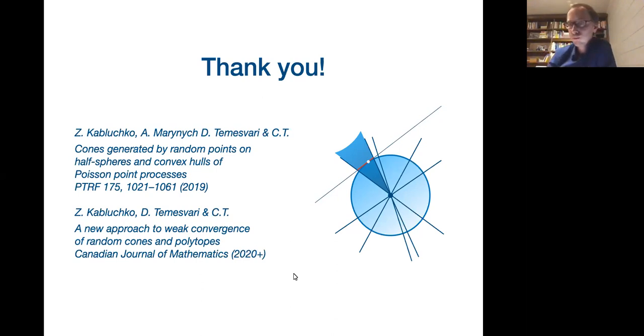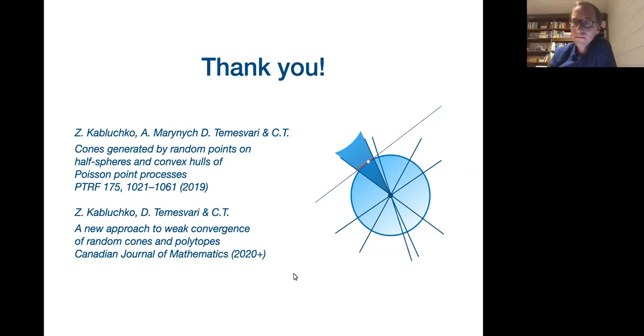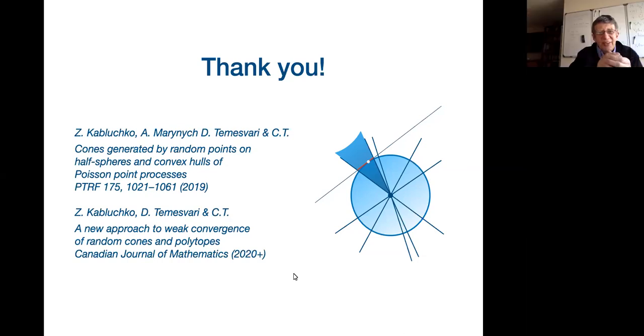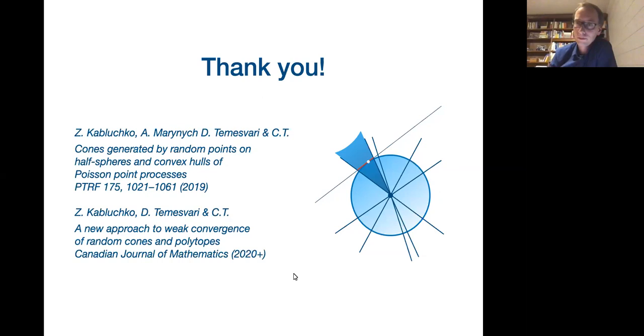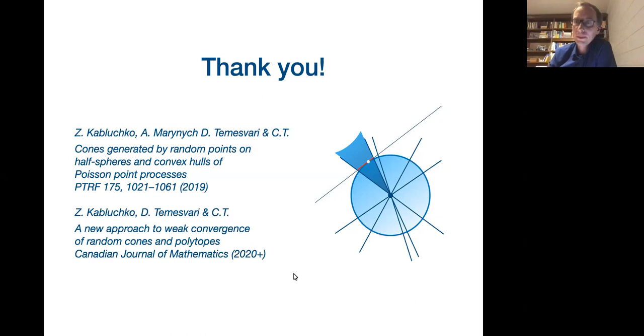Without going into details, intuitively, what is happening on the sphere? If you look on a small scale, it's almost the same as what happens in Euclidean space.